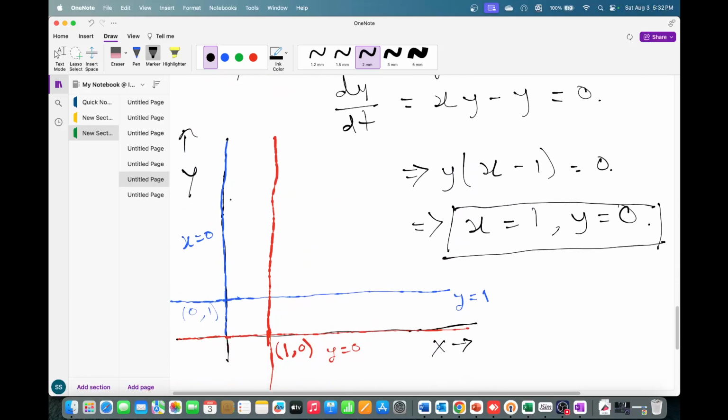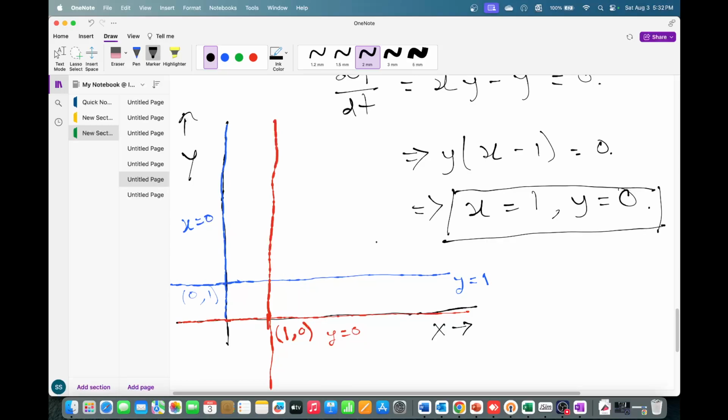So the blue is the null line of x and the red is the null line of y.